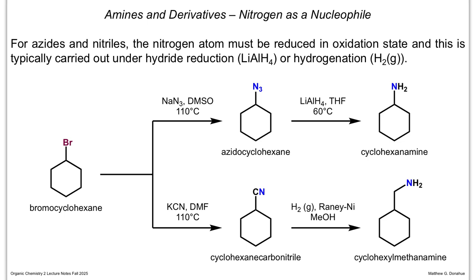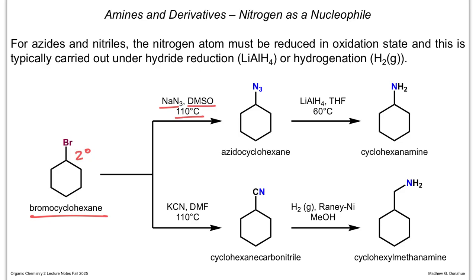So I've lumped the sodium azide and potassium cyanide onto one slide to highlight the difference shown here. We're starting with a secondary bromide. So we have a good leaving group. Sodium azide, DMSO is our solvent, a little bit of heat.